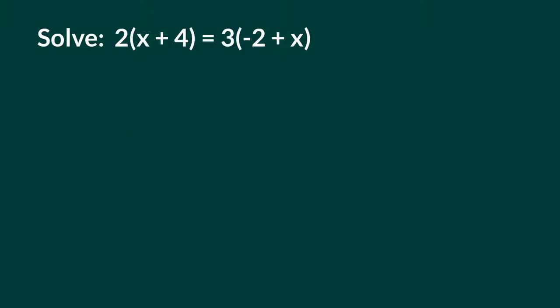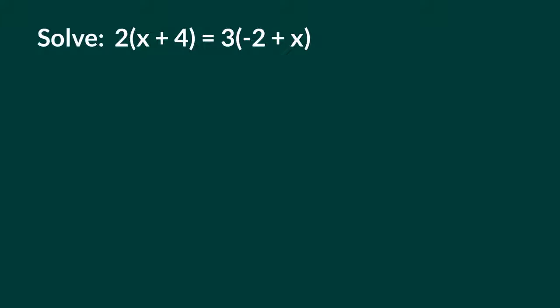Okay, this problem has two sets of parentheses, so we want to make sure that we actually do the distributive property here. You can't do the divide by 2 or the divide by 3 to get rid of those coefficients there, because if I divide by 2, this side becomes 3/2 in front. If I divide by 3, this side becomes 2/3 in front. We're creating fractions which we'd rather not do.